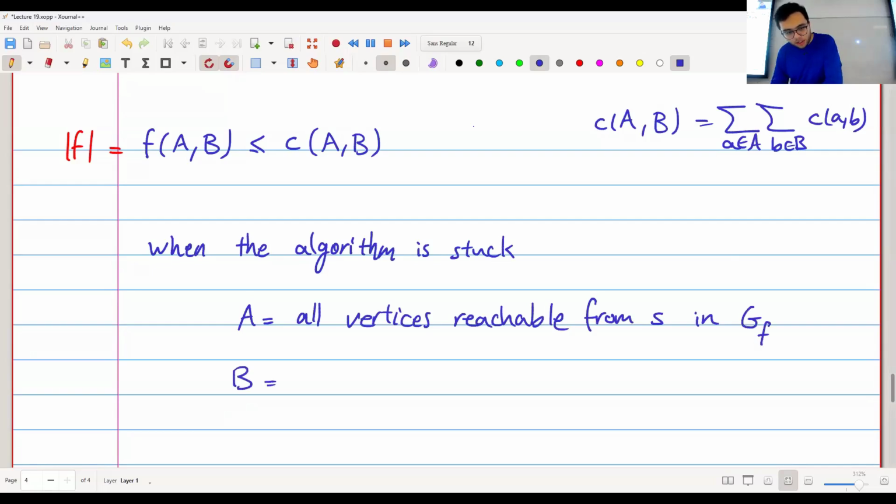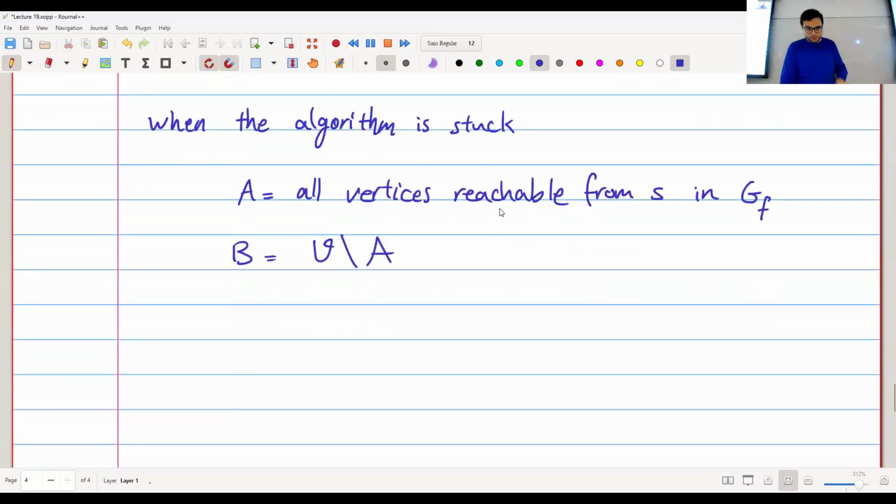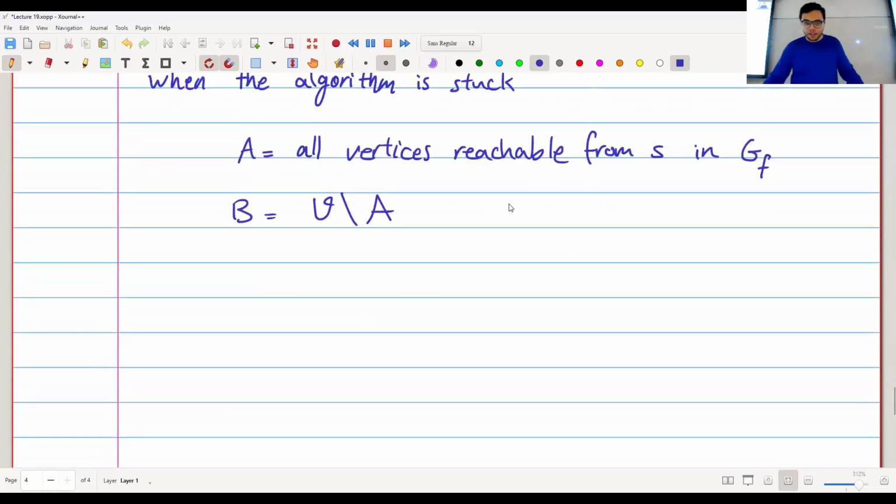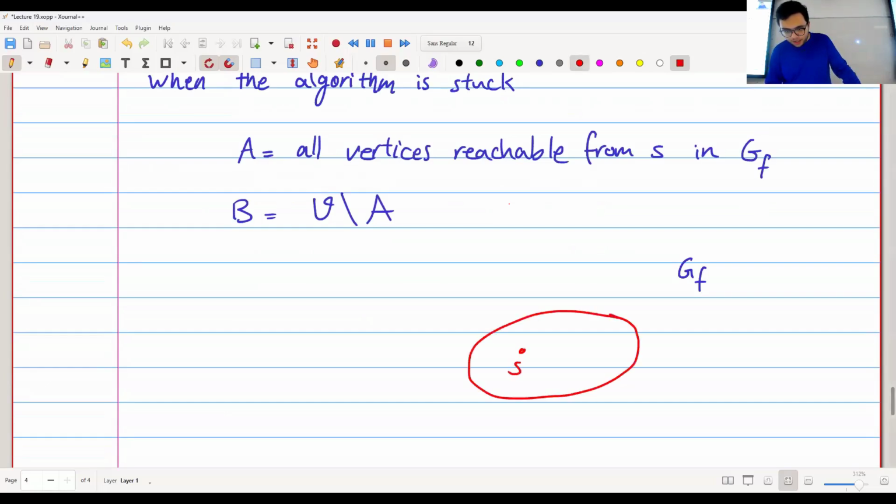And let's say B is all the other vertices. Great. So let's say I have my residual graph here. I have my source. I have my set A. And then I have my set B, which contains my sink.